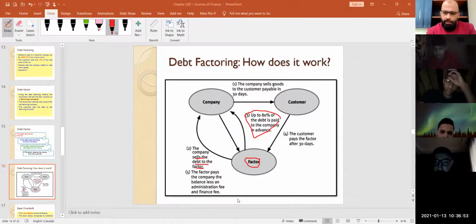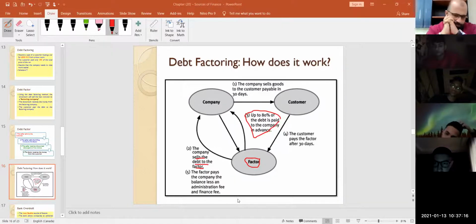But on the other hand, what would be the cost or the negative side of this way of financing? Let's think about it for a minute. What will be the cost for the car dealing company, the seller of the car?